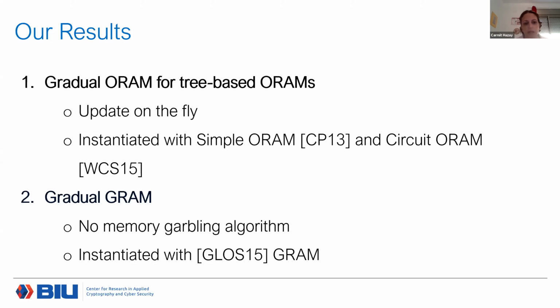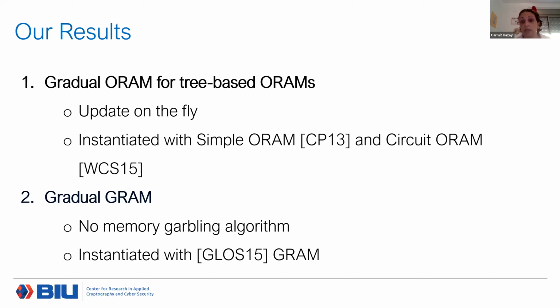There is no memory garbling algorithm at the beginning, which means that it is not as expensive as the original construction. And we also show how to instantiate our concept with the GLOS GRAM construction.